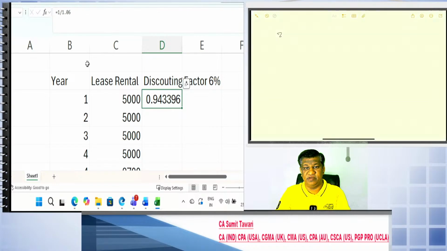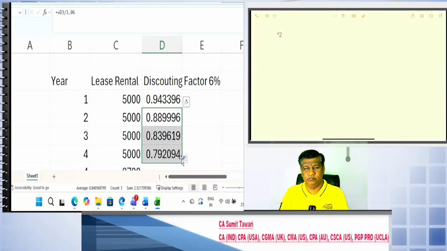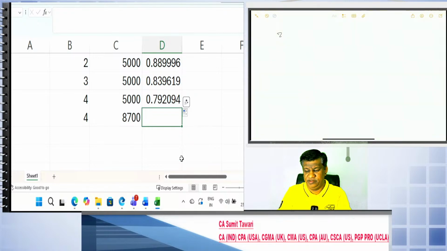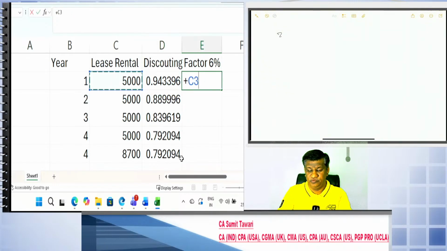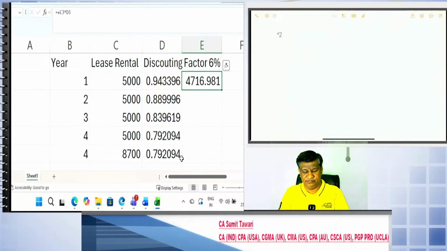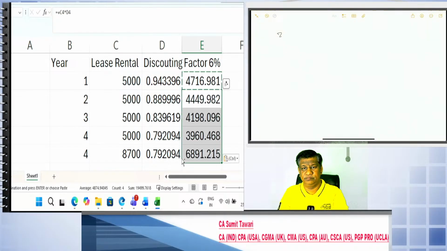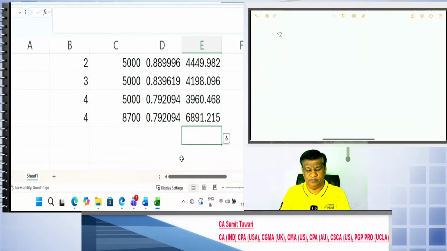If I copy this, these are my discounting factors. Then the present value of all future cash flow is this one: 24216 is my present value of all future cash flow.